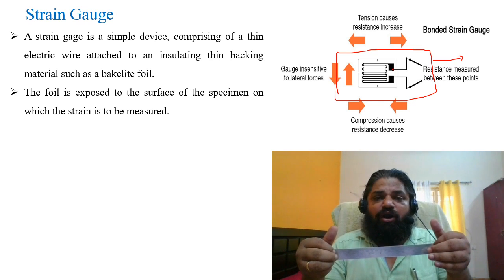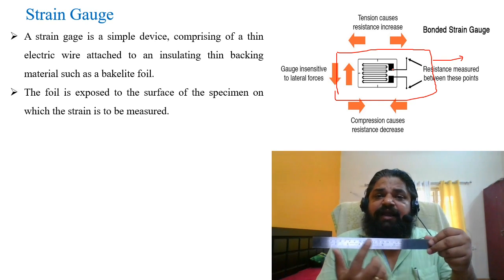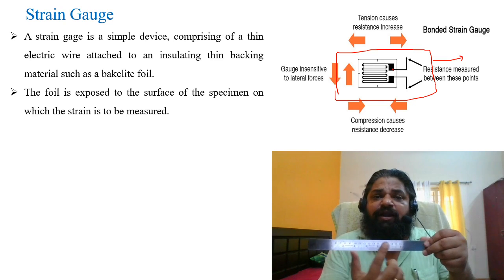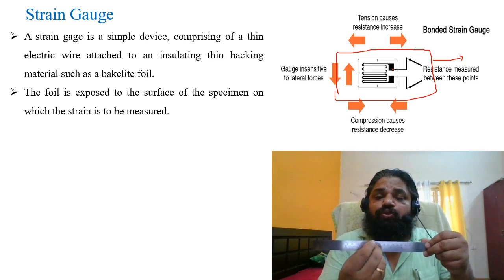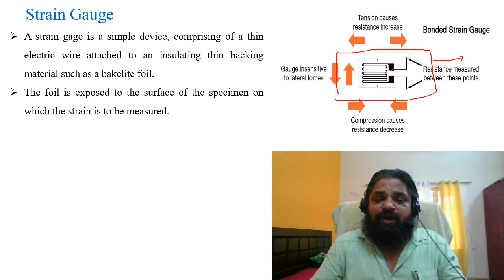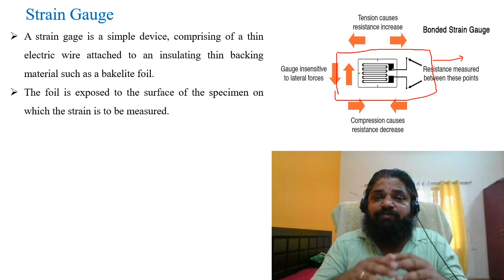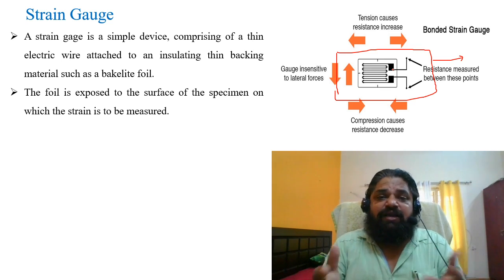Similar things occur here, and near the necking point or the middle point we glue this strain gauge and try to measure. I can put one or more than one, based on my requirement or the precision I need.